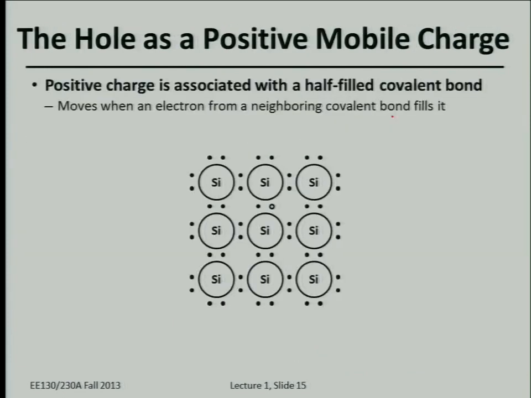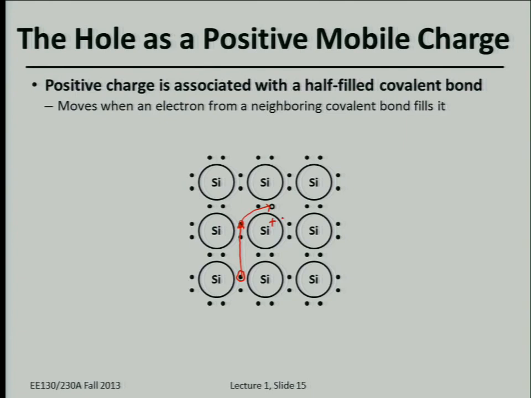And the idea here is, let's say we have this hole here. An electron can move over here, leaving behind a hole. And then later, let's say this electron can move over here to fill that half-filled covalent bond. So the hole ends up here. Wherever there's a hole, or missing electron from a covalent bond, there's a net positive charge there.